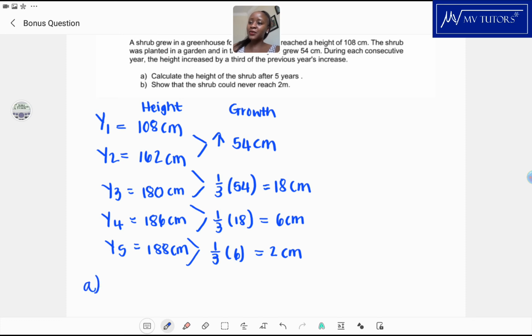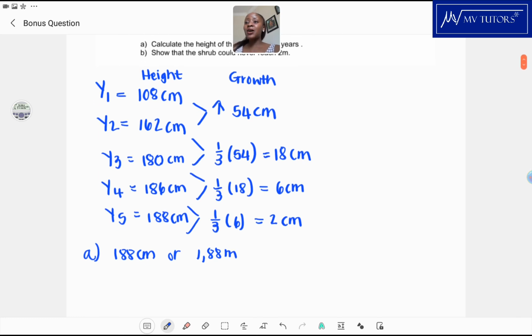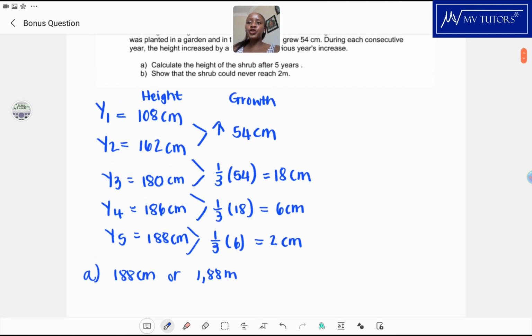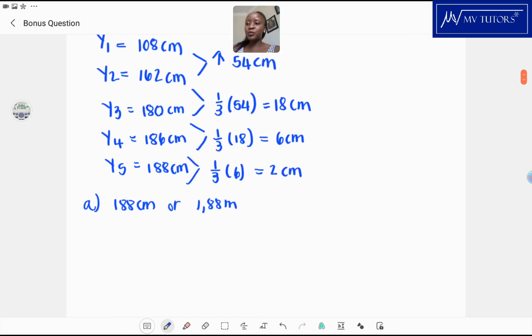Calculate the height of the shrub after 5 years. It is 188 centimeters, or you could say 1.88 meters. Now B: show that the shrub could never reach 2 meters.